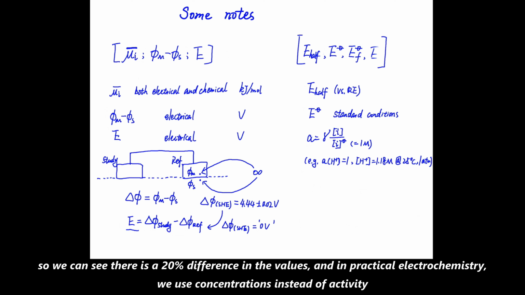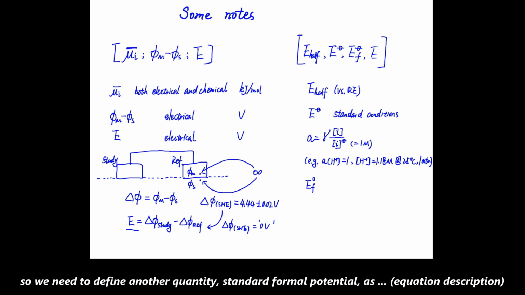And in practical electrochemistry, we use concentrations instead of activities. So we need to define another quantity, the standard formal potential, as the standard potential minus RT over F times the natural log of the ratio of activity coefficients.